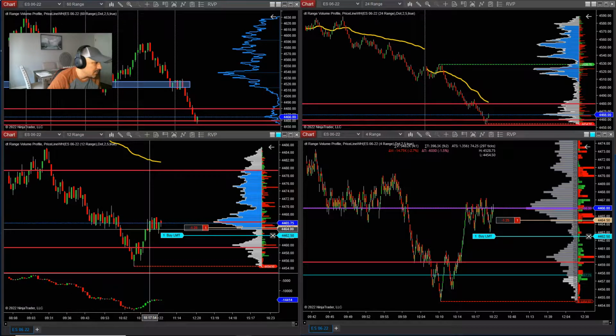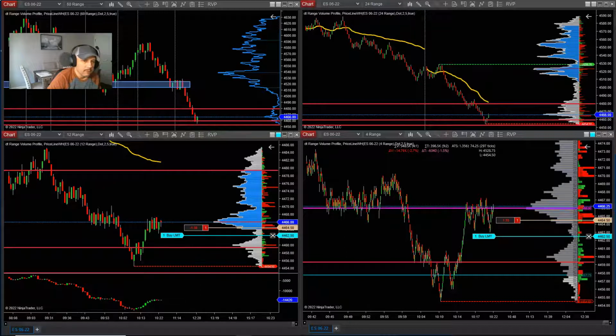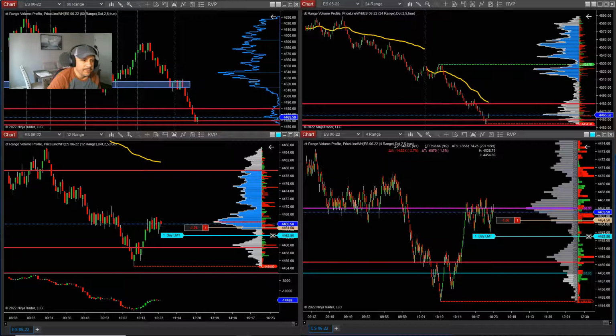Yeah, I don't like this rotation mess right here. Come on. I don't like this rotation mess what price is doing right here.